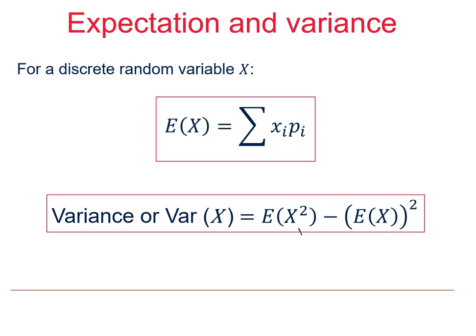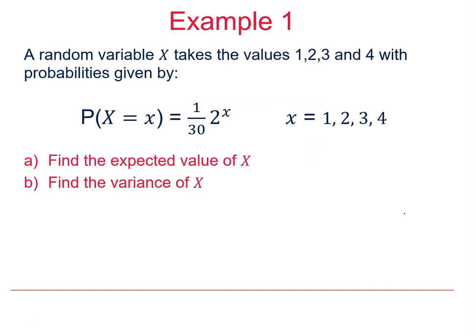And notice that these two are not equal to each other. One of them is the average of the x squared outcomes, one of them is the average of the outcomes for x, and then that result is squared. So if we just have a look at an example now.